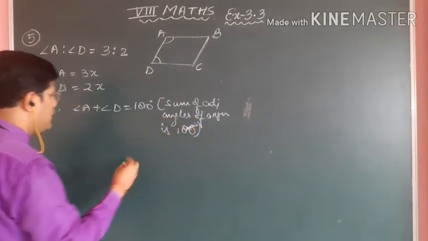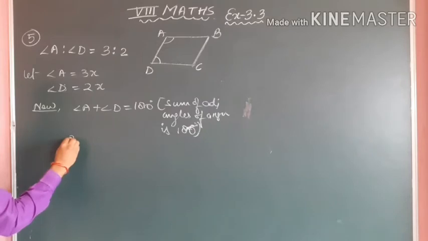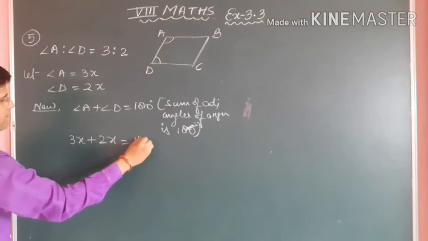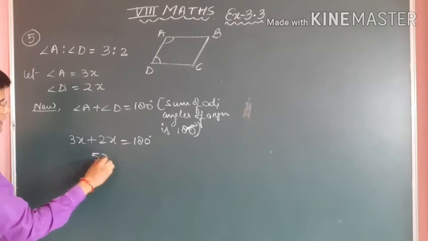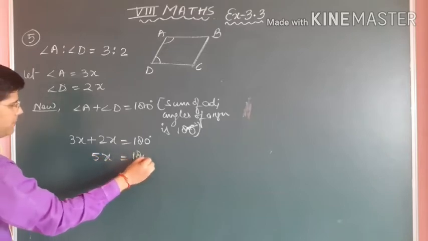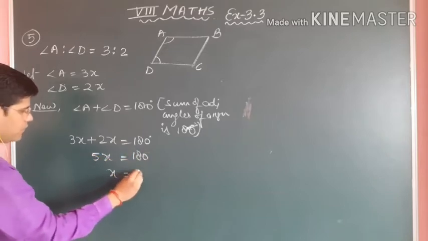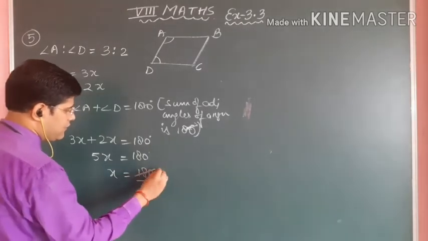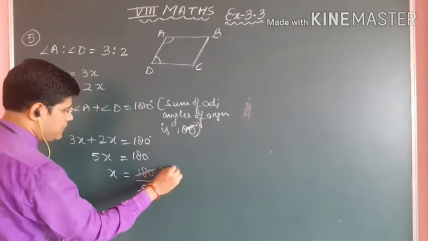I have taught this in properties. Here we write 3x plus 2x is equal to 180. Now 5x is equal to 180. 180 divided by 5: 5 threes are 15, 5 sixes are 30, 36.